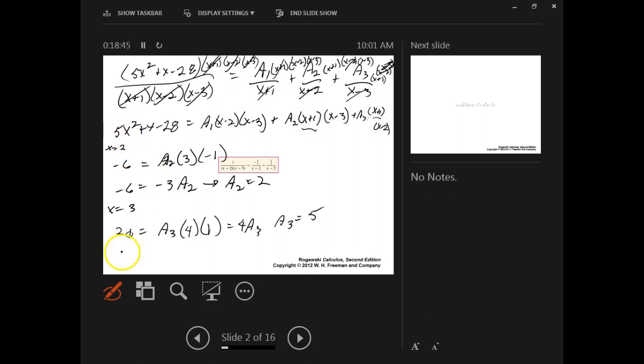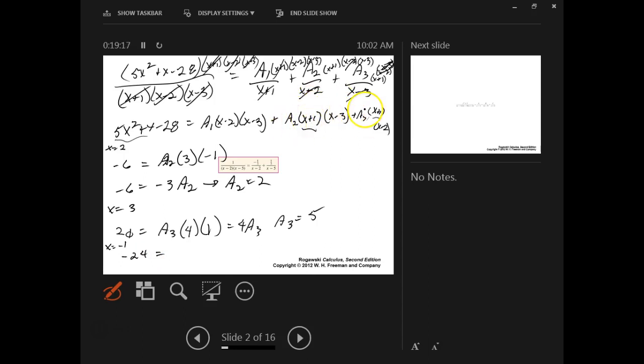So when x is negative 1, what is your left-hand side? Okay, you would have 5 minus 1 would be 4, minus 28 would be minus 24. Very good. Is that what you said? I thought it was.